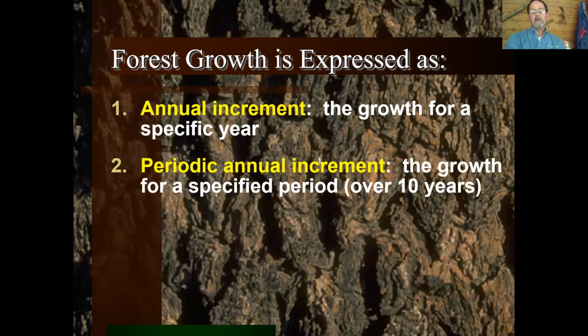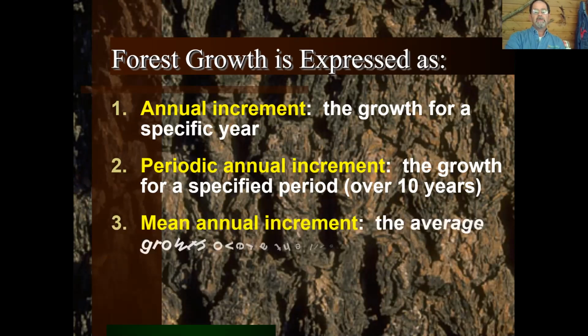Periodic annual increment is the growth for a specified period of years, so maybe over a 10-year or 5-year period, whatever you wish to assess. And then the final example here is the mean annual increment, which is the average growth over the entire lifespan of the tree or of the stand. Annual increment, periodic annual increment, and mean annual increment.